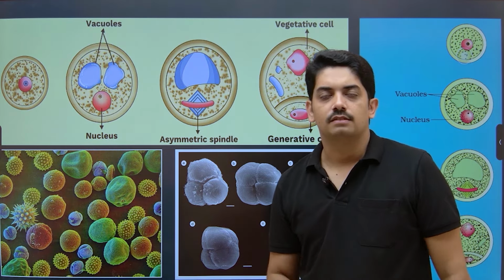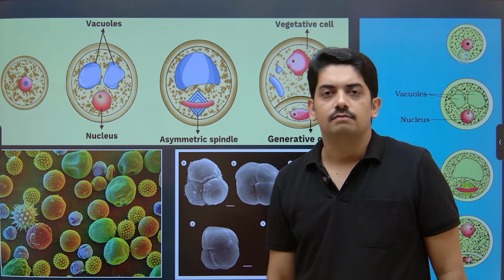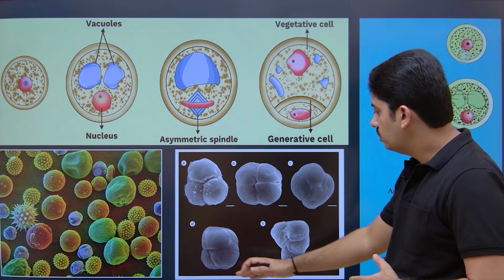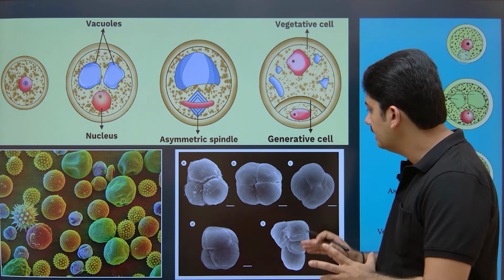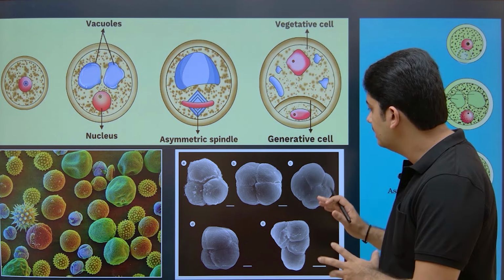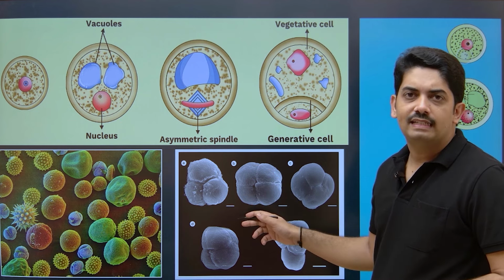Now let us go deeper regarding the pollen grains. Here I included one picture. It is not there in your NCERT, but it is a photograph of the pollen tetrad. Just observe. It is a just-formed pollen tetrad.